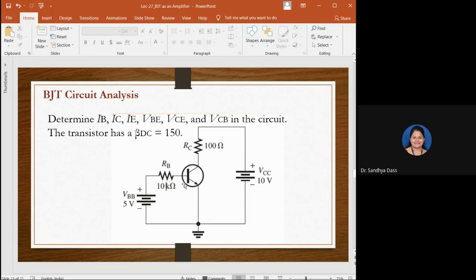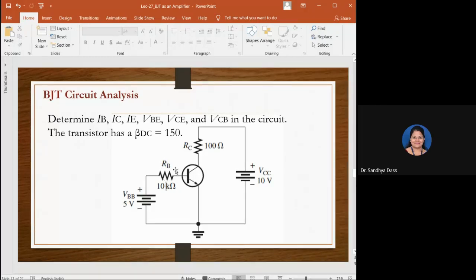All right, so VBE will be 0.7. Now you know VBB, you know RB given here, and you know VBE in this loop. If you apply KVL, from the KVL you will get IB.